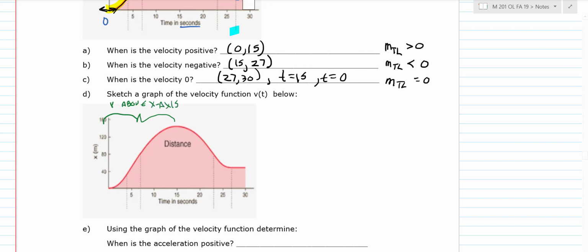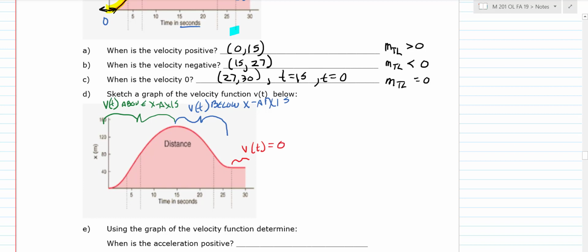Remember, we're trying to estimate a graph of the velocity. Then from here to here, you're getting into negative sloping tangent lines, so the velocity is going to be below the x-axis. And right in here, the velocity would be 0, so you would just have a horizontal line there.